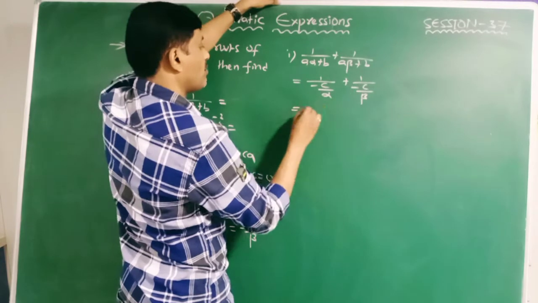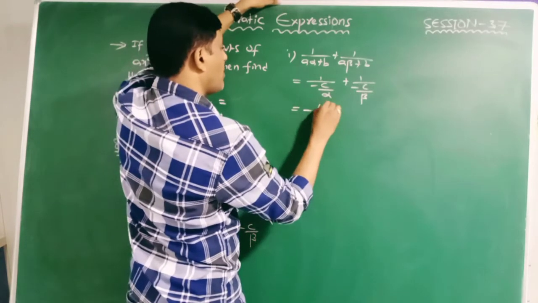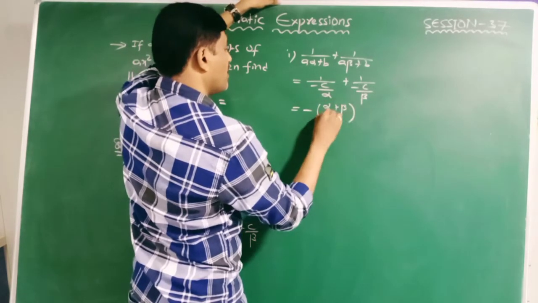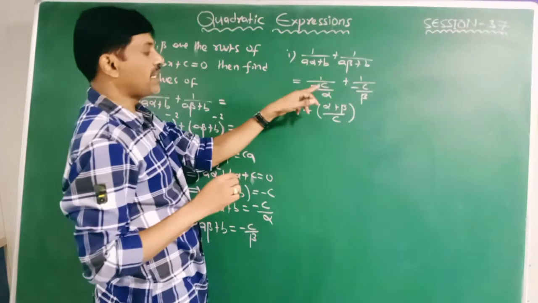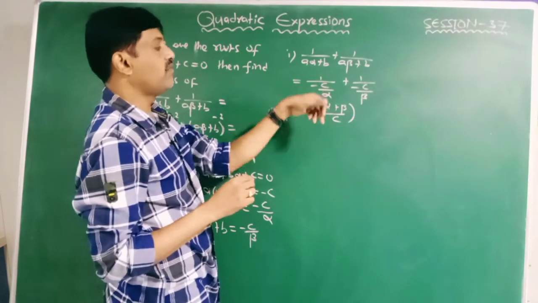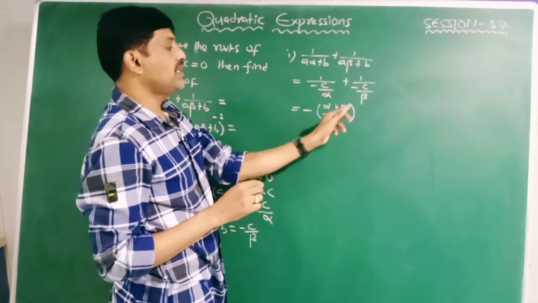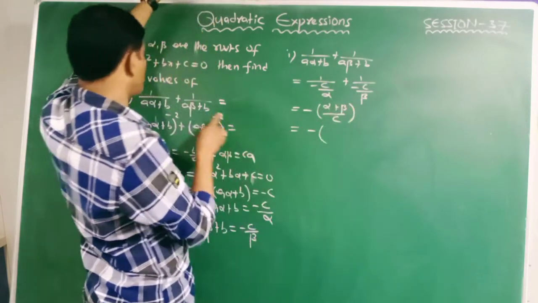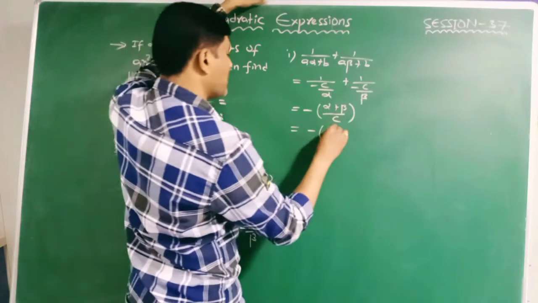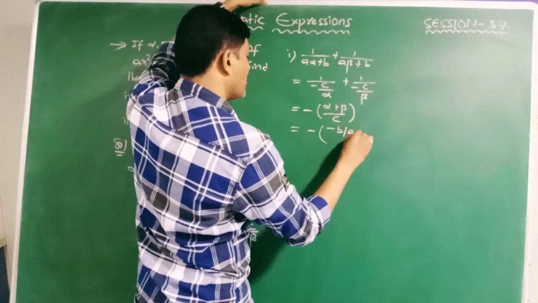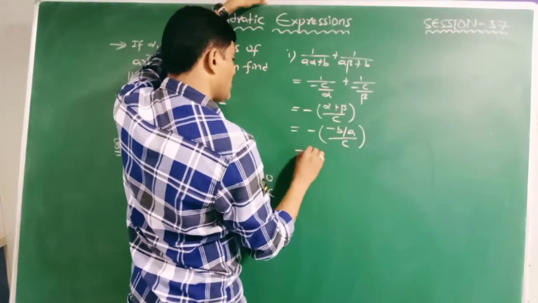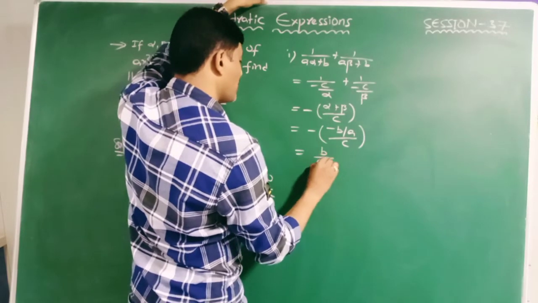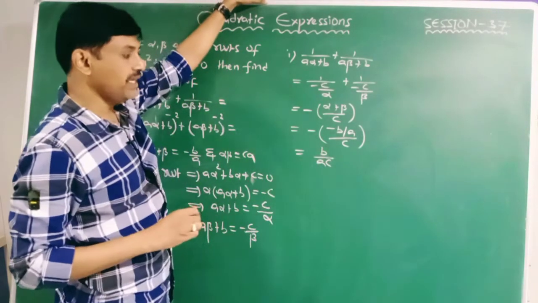Now it is minus of (alpha plus beta) by c. Minus of 1 by c by alpha will become alpha by c, plus beta by c. As we know alpha plus beta is minus b by a, minus of minus b by a upon c, your answer is simply b by ac.